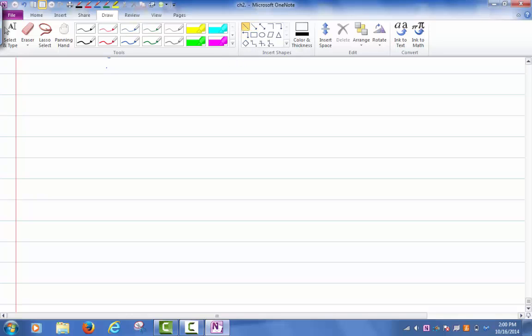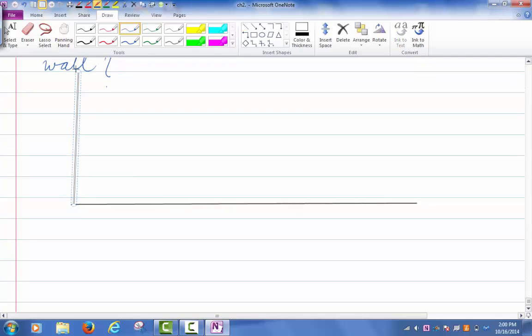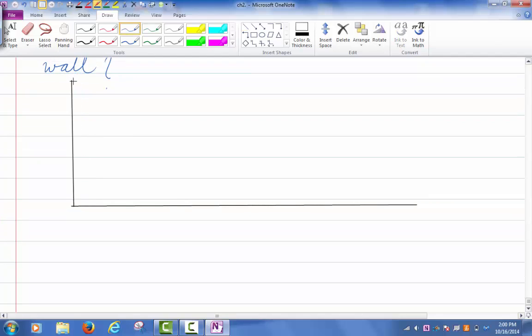So let's say that this is the floor, and let's say this is the wall, and let's say the ladder is given by this. Okay, so the ladder is 10 feet long, and this is the bottom of the ladder. This is the top of the ladder.